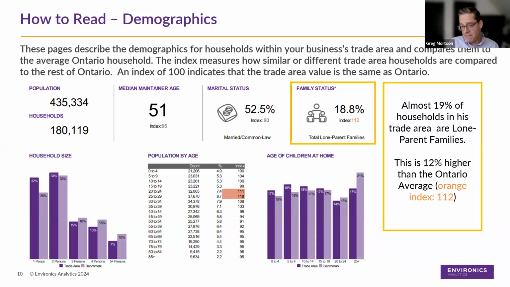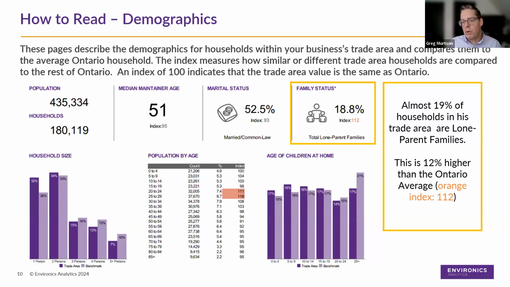So in this case, if family status total lone parent families was 18.8 for Ontario, the index would be 100. But because the index is 112, the way to look at this is this category of family within my trade area index is 12% higher than the provincial average.